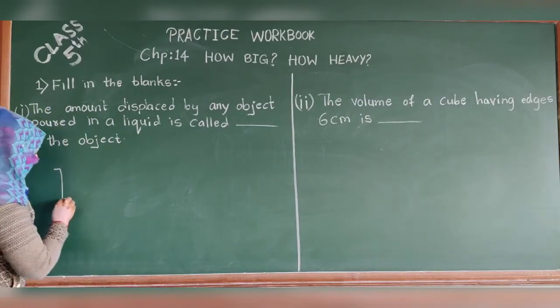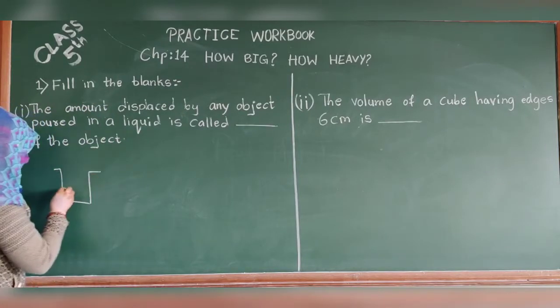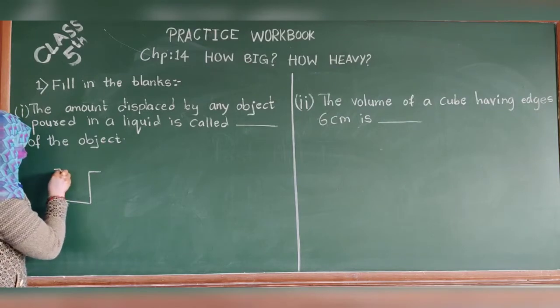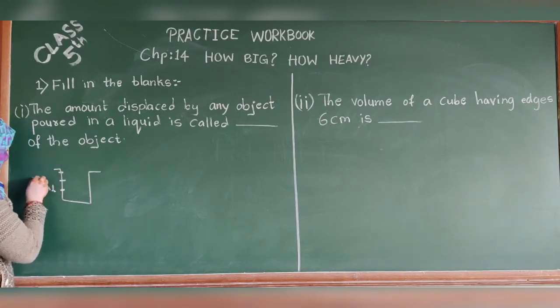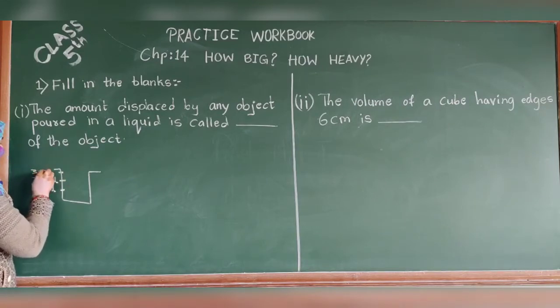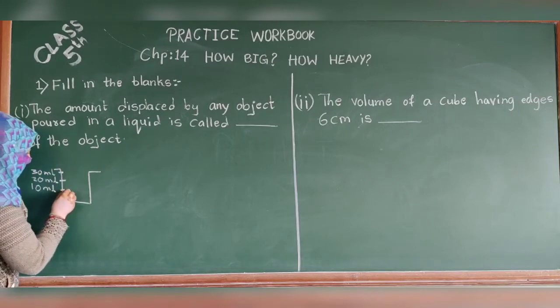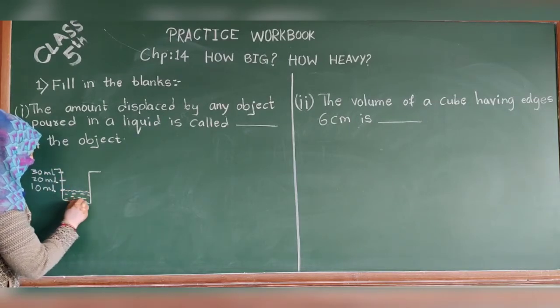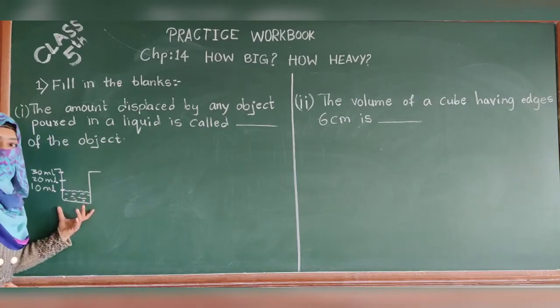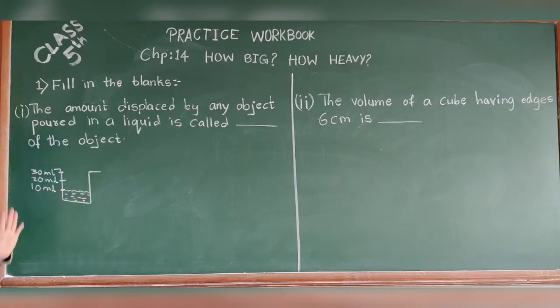Suppose this is a container where the markings are 10 ml, 20 ml, 30 ml. The water is filled till here, so this container has liquid up to 10 ml.